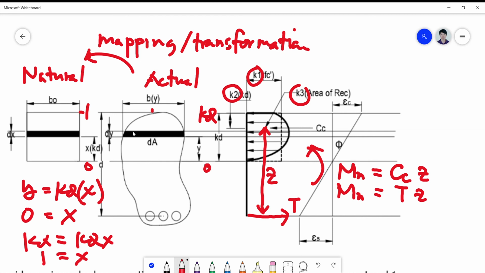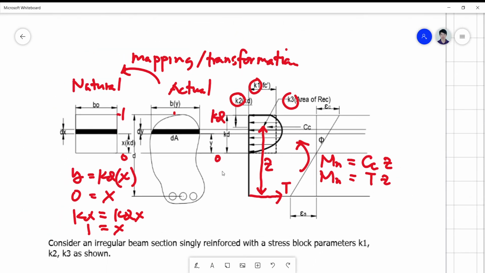For as long as you know how to map your actual coordinate, the boundaries, etc., into a natural coordinate, then nothing is impossible. Kailangan nyo na lang dun yung programming because you have to deal with, of course, a lot of logic when it comes to programming.